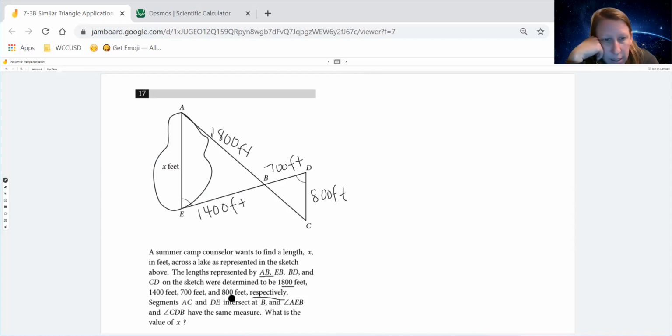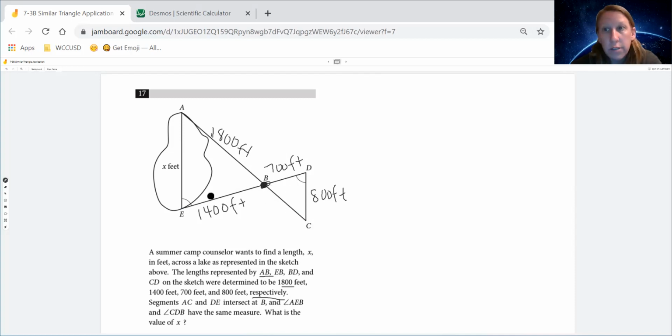And it says that segments AC and DE intersect at B, like it shows on the picture. AC and DE intersect at point B, okay, big deal. And angle AEB has the same measure as CDB.